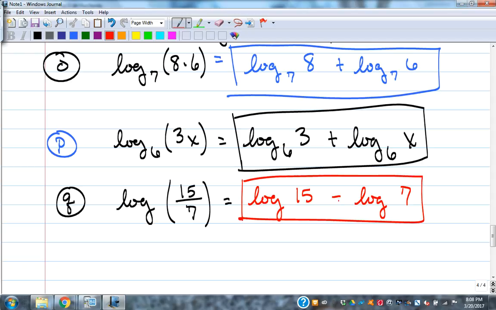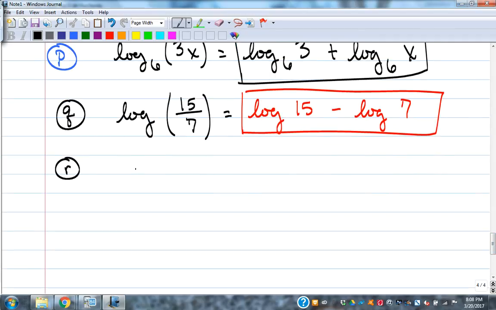It's the common log, base 10. If there's nothing written there, it's base 10. If it's anything different, they'll write it there. We live in a base 10 number system, so plain log is the common log. I won't count off if you write the 10 there, but you just won't usually see it written in a book or on a test or quiz.